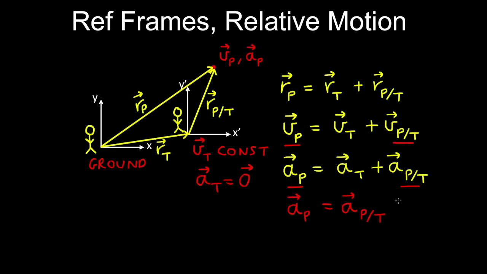So this is what we call an inertial reference frame. And the reason for this will be clear when we look at Newton's laws of motion, which hold in inertial reference frames, or non-accelerating reference frames.